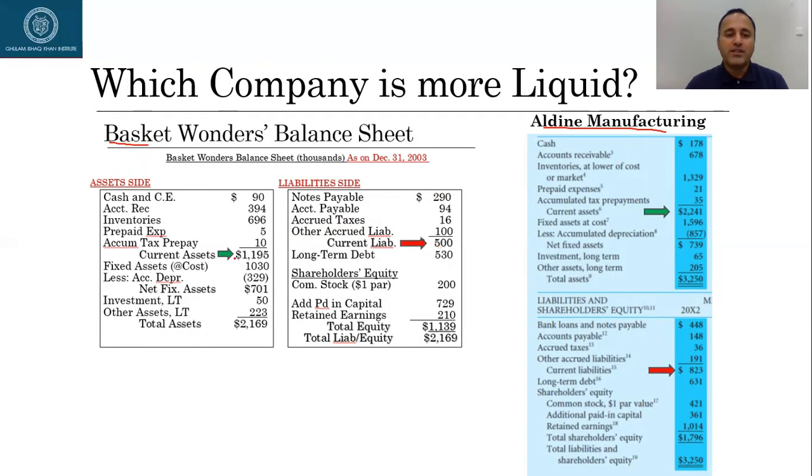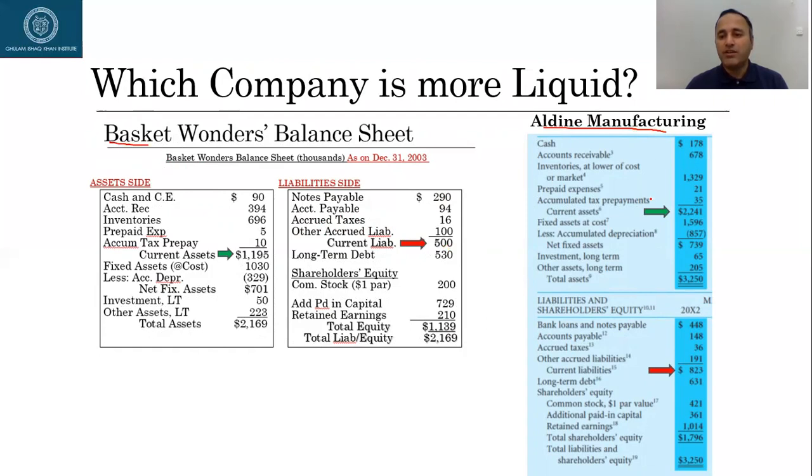On the other hand, they have $1,195 in current assets, which means that $1,195 of assets they can convert into cash within 1 year. So in a way, Basket Funders has $1,195 to pay $500 in the next 1 year. So apparently they are in a comfortable position.